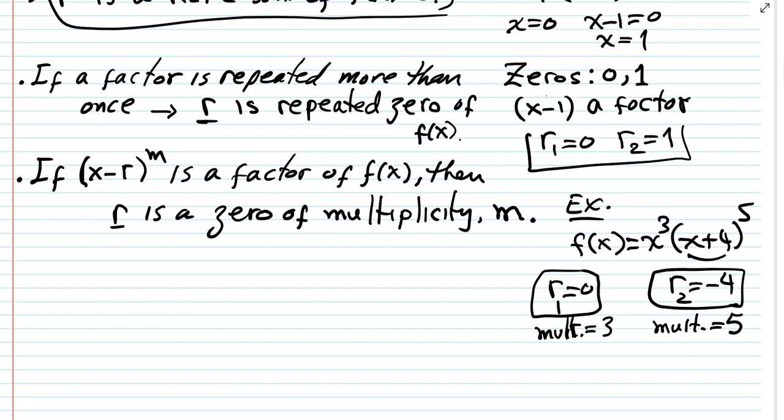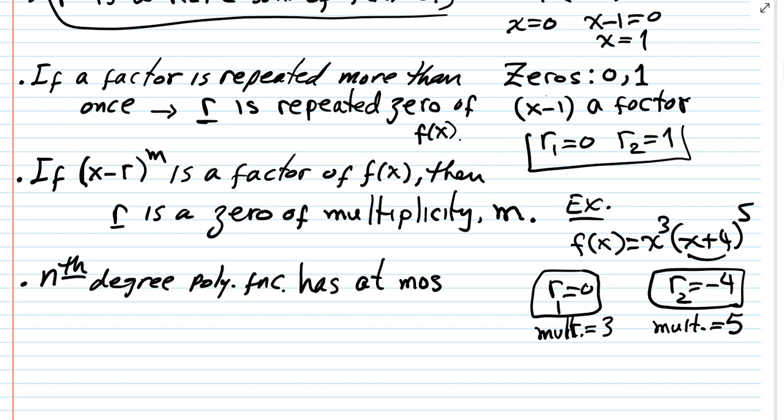Now, the other thing that is interesting for the graphs of polynomial functions has to do with the number of turning points on the graph. So an nth degree polynomial function has at most, meaning no more than, could be less, at most n minus 1 turning points.